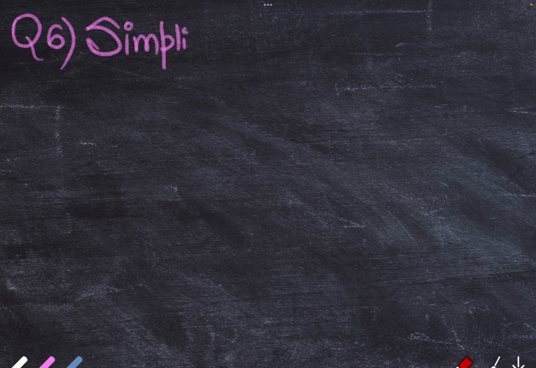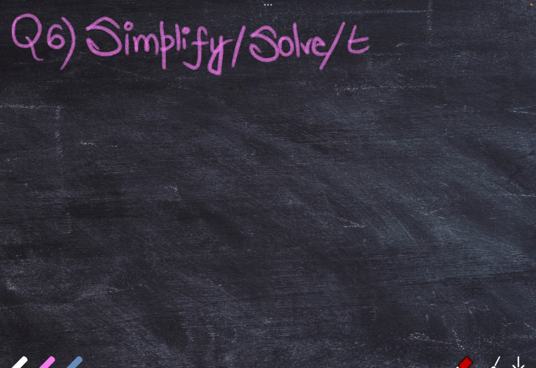All right, for question number 6, I would like for you to try on your own, where you have to write down the expression in equivalent form, which is like a combination of all of what you have learned till now. Before that, I would like to write down the same math terms: simplify, solve, or calculate the equivalent form.